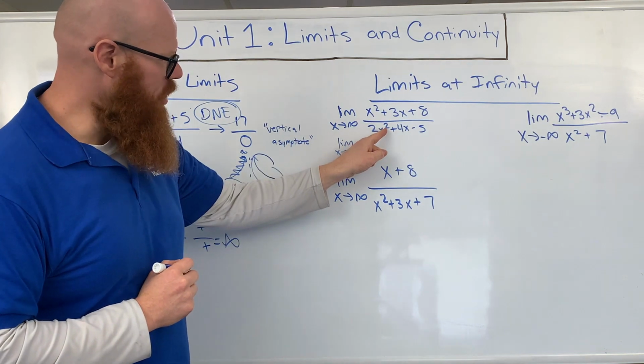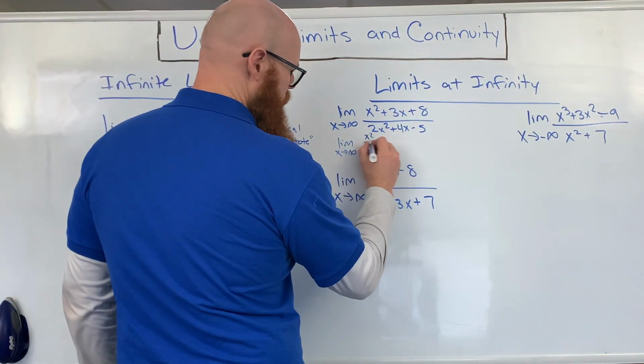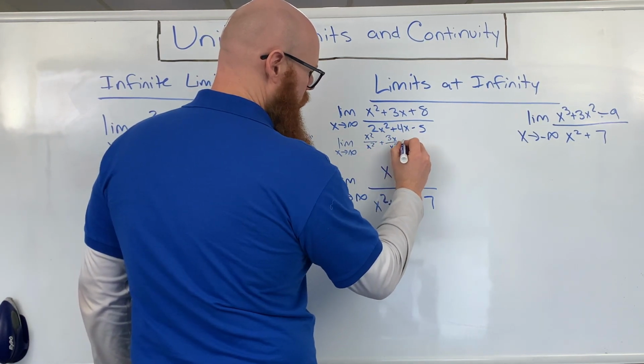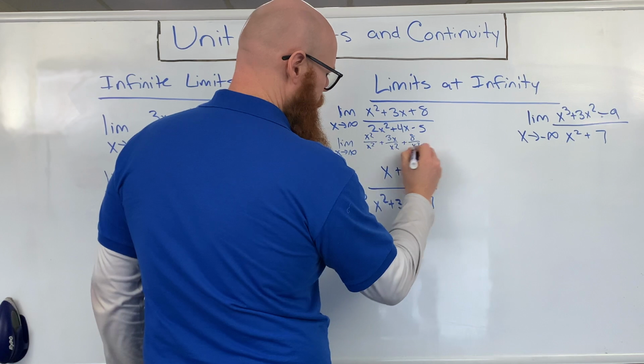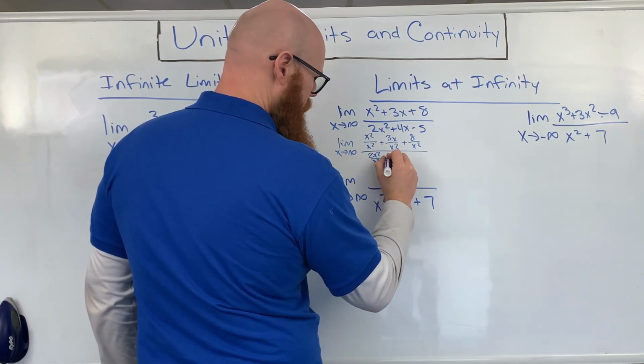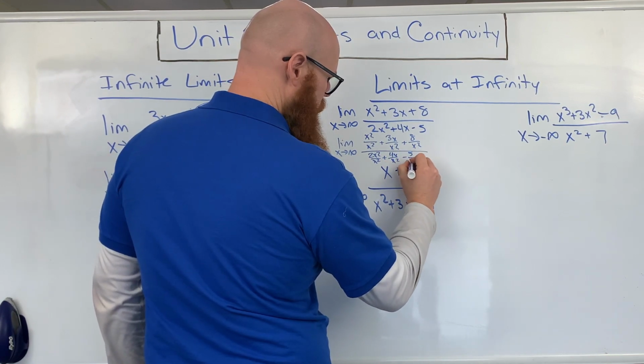So that is x squared. So I'm going to divide everything by x squared. So x squared over x squared plus 3x over x squared plus 8 over x squared, over 2x squared over x squared plus 4x over x squared minus 5 over x squared.